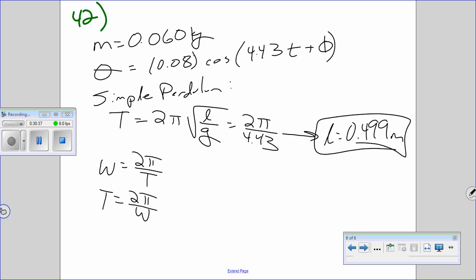Well, I guess there are a couple ways we could go about this. One option would be to try to think of it as a torsional pendulum and find your kappa, and then do, so usually we use 1/2 k x squared. So for us, it would be 1/2 kappa times theta squared, but we have to find our kappa.